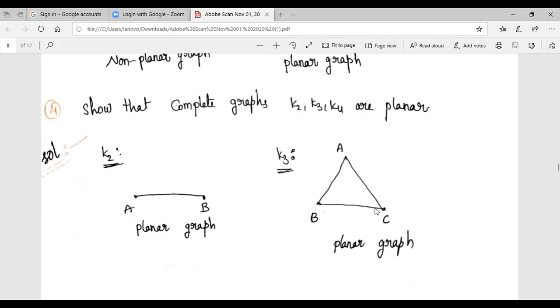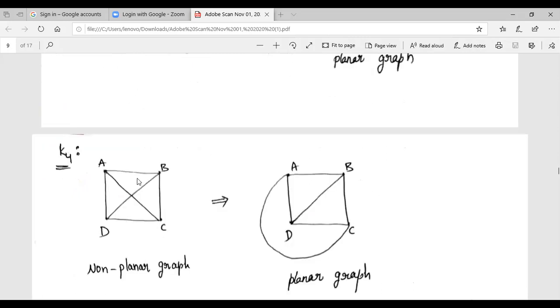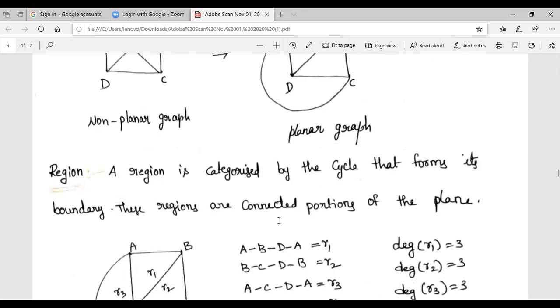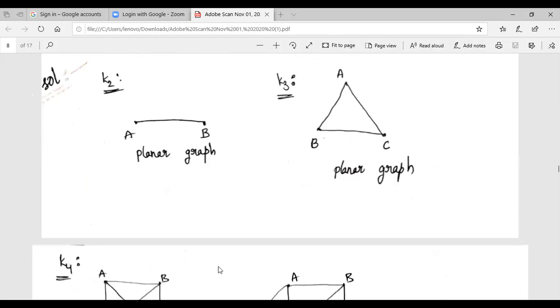So A to the remaining vertices, C to the remaining vertices, B to the remaining vertices. This is the complete graph with 3 vertices, and with 4 vertices A to B, C, D. This is a non-planar drawing. The planar graph of this looks like this, and these are the graphs of K2, K3, K4.